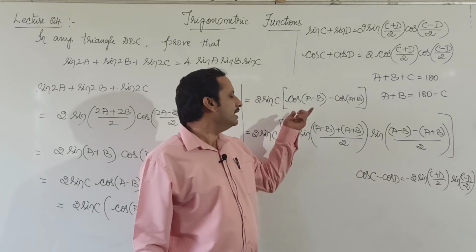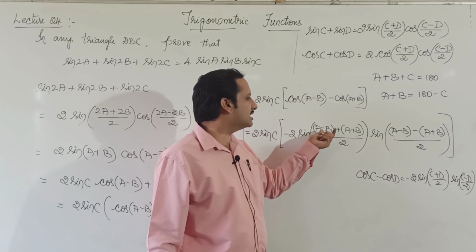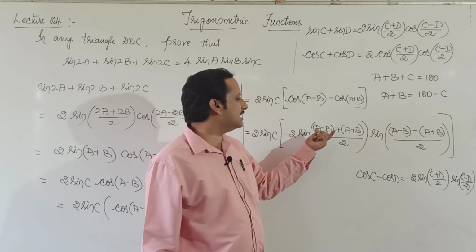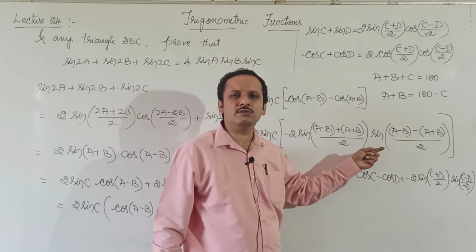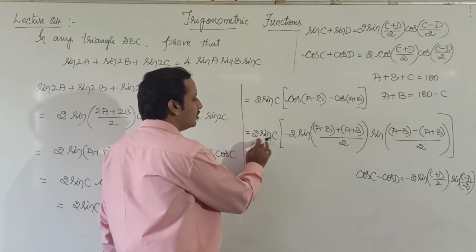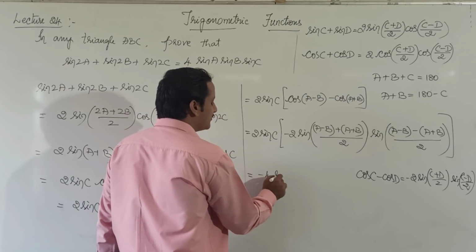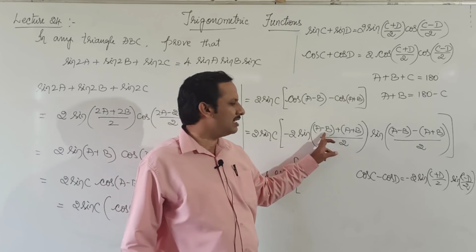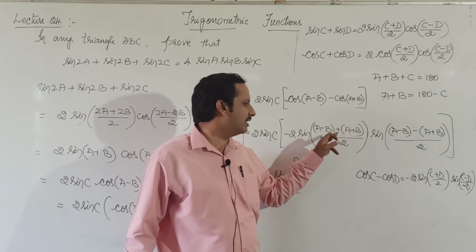In this problem, in place of C we have A minus B, in place of D we have A plus B. Here 2 into minus 2, I will write minus 4 sin, into A minus B plus A plus B. Let us simplify this.